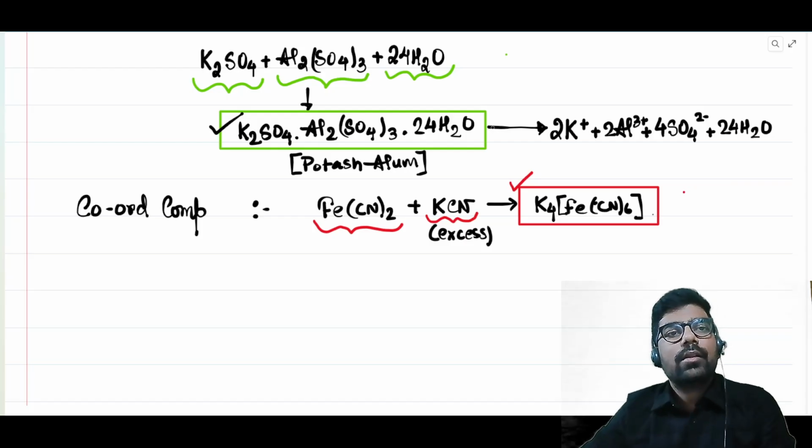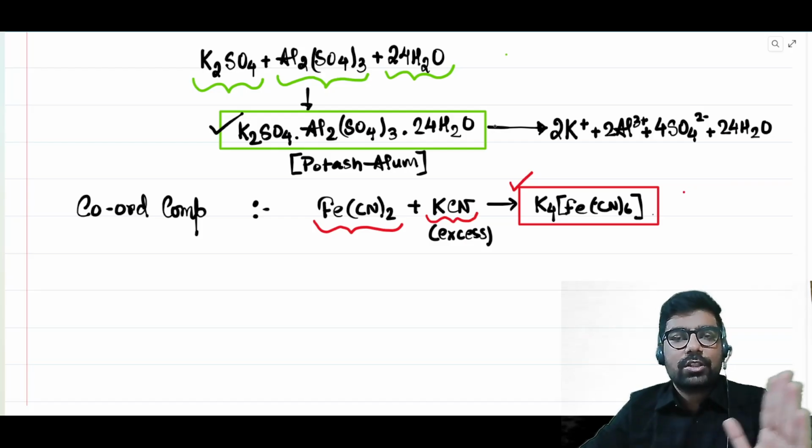So when a double salt dissociates in water, it gives all the constituent ions or molecules.